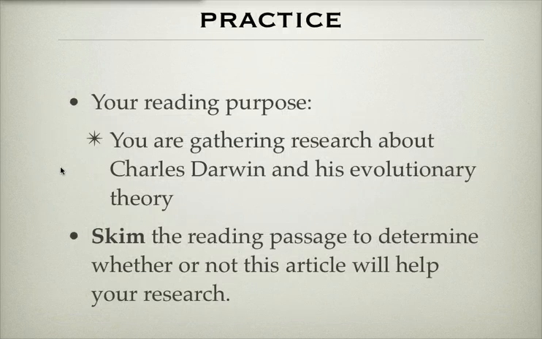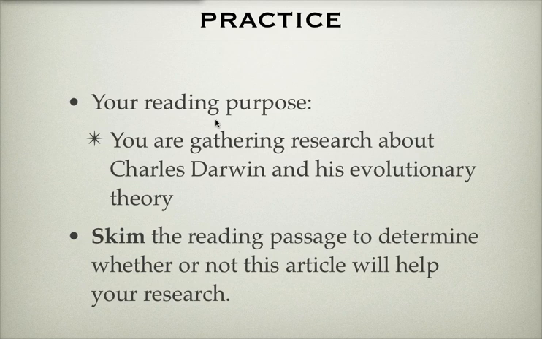So what I want to do now is do a practice of this. On the next slide, there's another paragraph, but this time no words are blacked out. So your job is to skim over the paragraph as quickly as you can, getting in as many key words as you possibly can to get an overall understanding of what the paragraph is about. And remember, we're skimming to try to decide whether or not this reading is going to help me accomplish my goal.